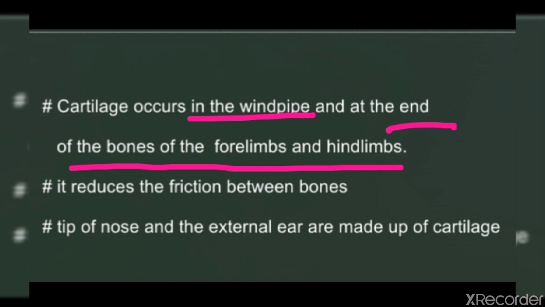Forelimbs are those limbs found in the front part of an animal's body, which would be our arms. And hind limbs are those found in the back part of the body, which are our legs. So cartilage is present at the end of the bones in forelimbs and hind limbs.